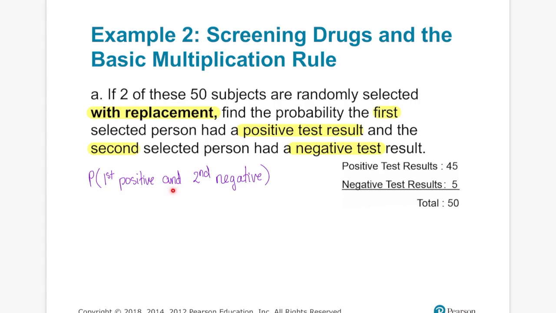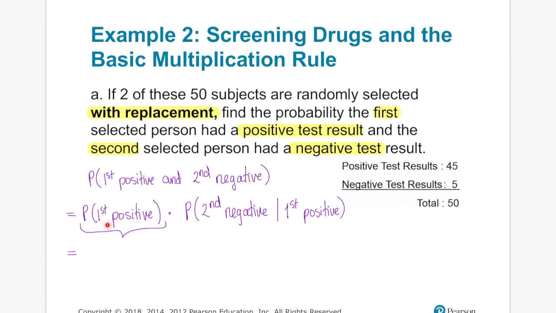Because this is an "and", I am going to use the multiplication rule. Take the probability of the first one having a positive test result, multiplying by the probability of the second one having a negative test result, given that the first one is already positive.